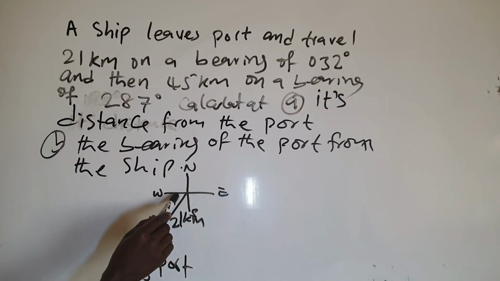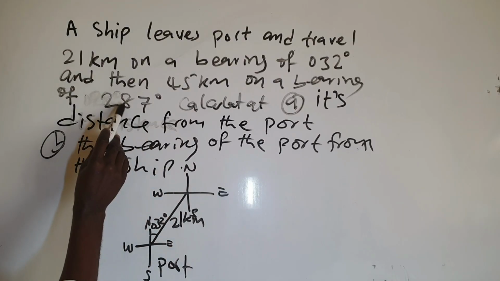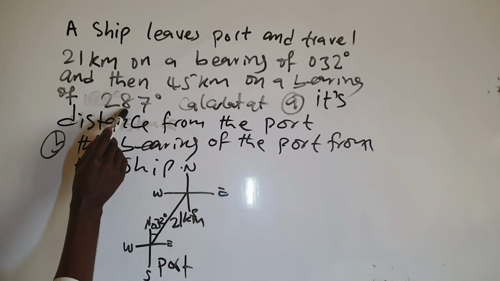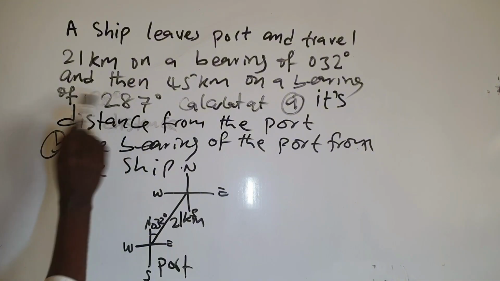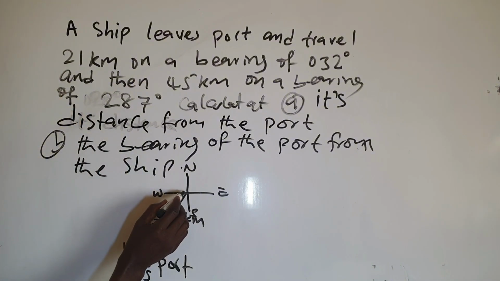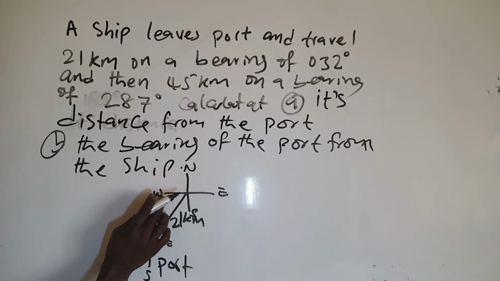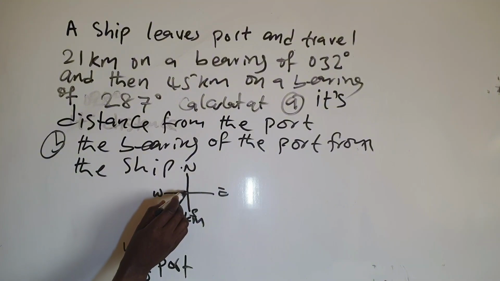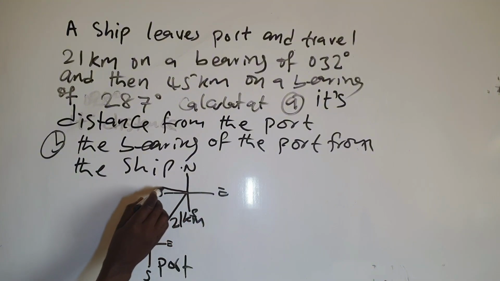If you remove 270 from 287, it will remain 17. So it will now move another 17 degrees, which will be very close to the west.